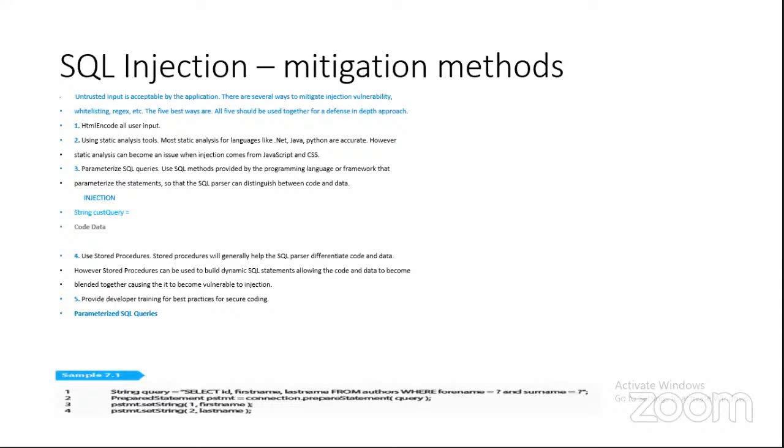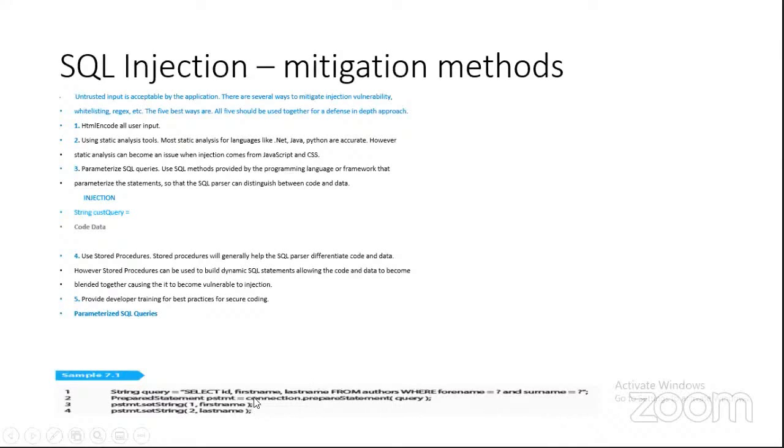The mitigation method is typically to use parameterized queries. You can use a prepared statement, or you can use a stored procedure. These are very typical, and you look at what these question marks are. This question mark corresponds to something, so what is in that?